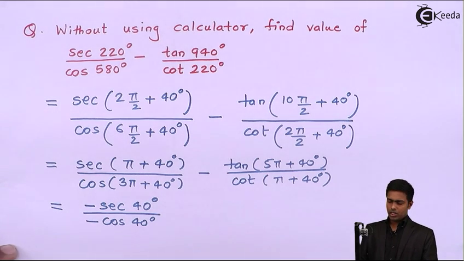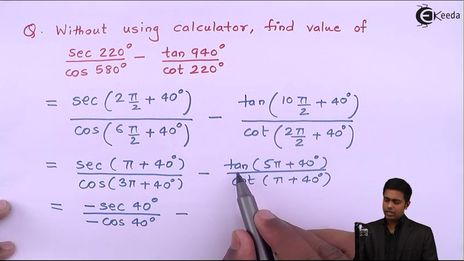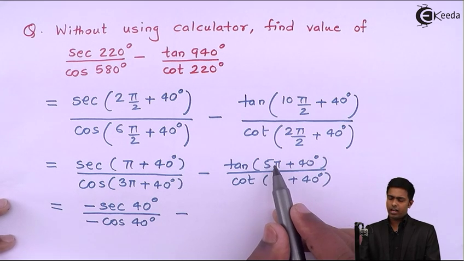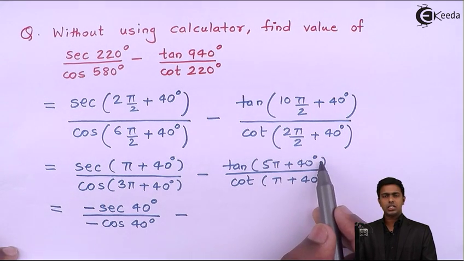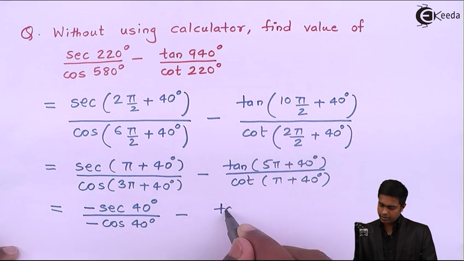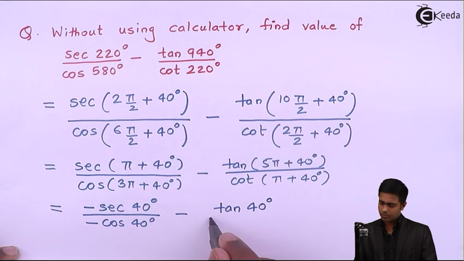Next, minus, here we have tan of 5 pi plus 40 degree. It is again in the format of n pi plus theta, so tan will remain tan, and we have the angle as 40 degree.